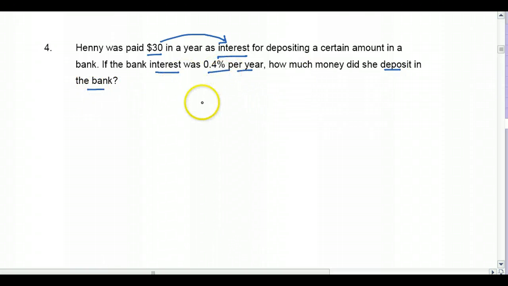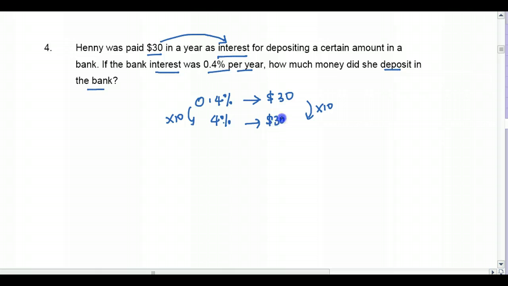So I know that my interest 0.4% is my $30. So 4%, I will take 0.4 times 10 to give me 4%. So 30 times 10 will give me $300. I want to find how much he deposited in the bank, so I want to find 100%.